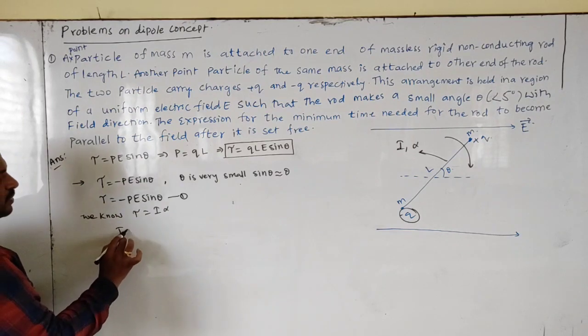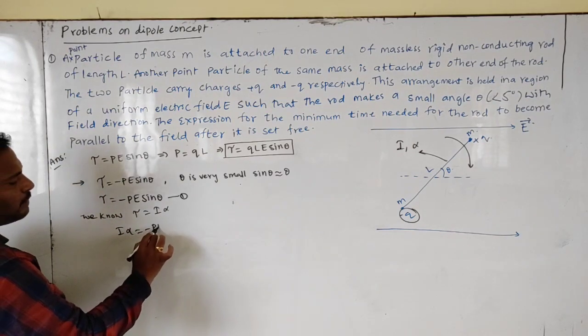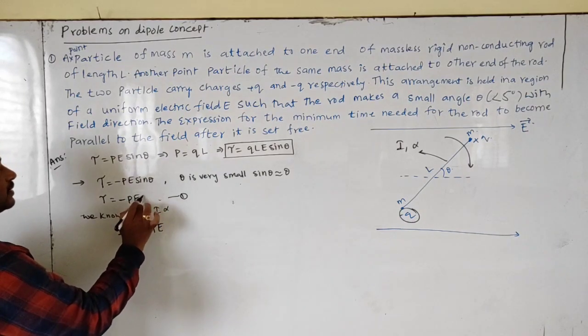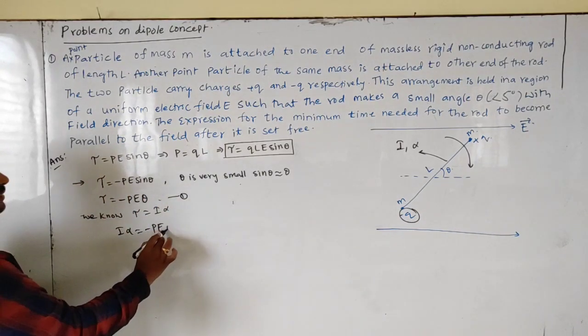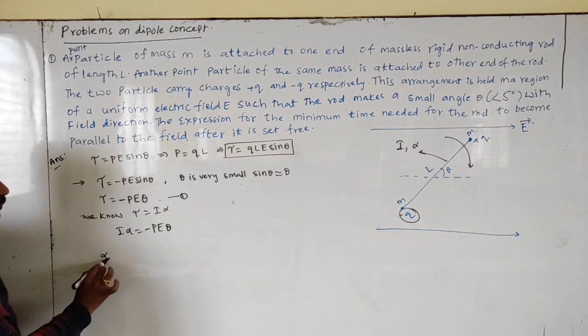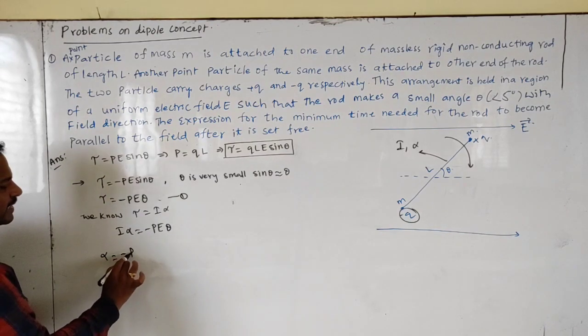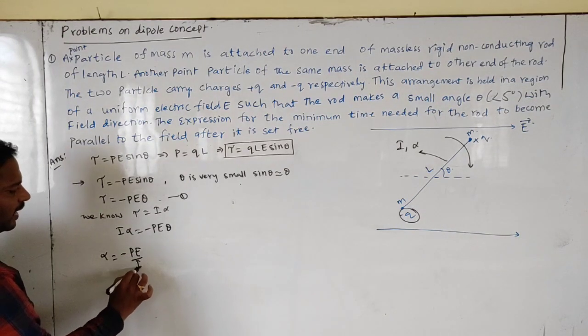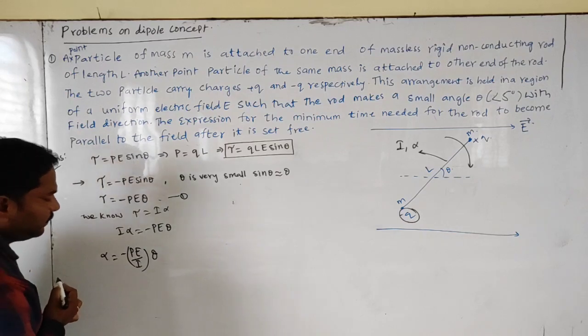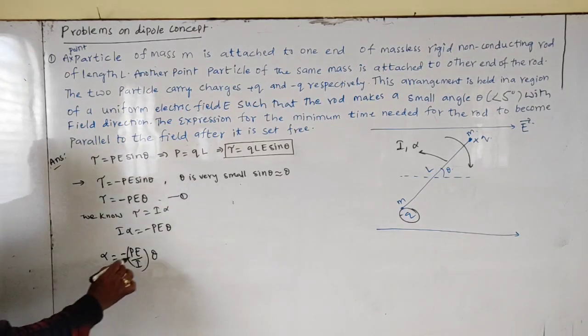Here we substitute I alpha equals minus P theta, since theta is very small. Now alpha equals minus P by I into theta. This is equation 2.